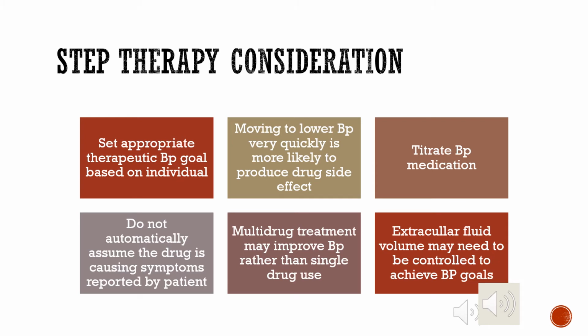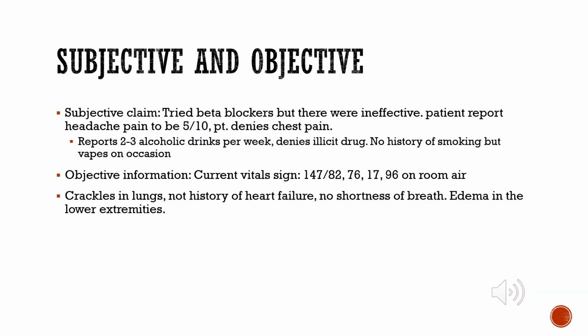And we're just going to look at his medication and assess some of the things that can be an issue for him. So the objective and subjective report will be presented in the slides.